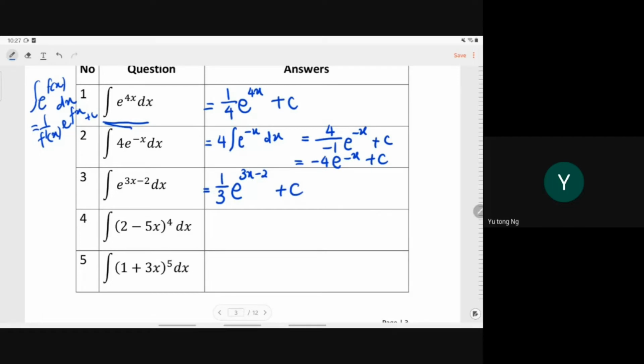Okay, so question number 4 is slightly different because you are integrating (2 minus 5x) to the power of 4.